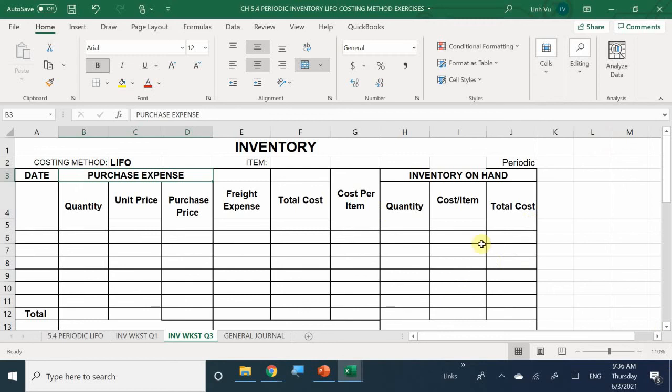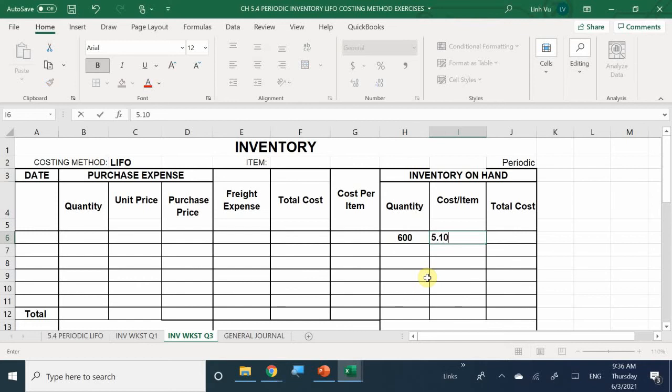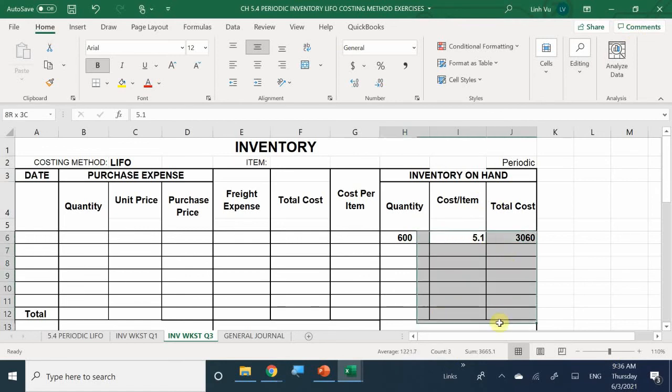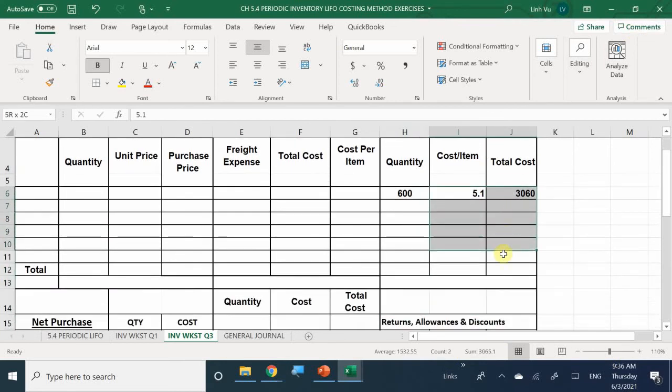We know that we have 600 units and we know that it cost $5.10 each. So if you do your multiplication here, we get a grand total of 3060, which is exactly what we carried over into the previous worksheet.